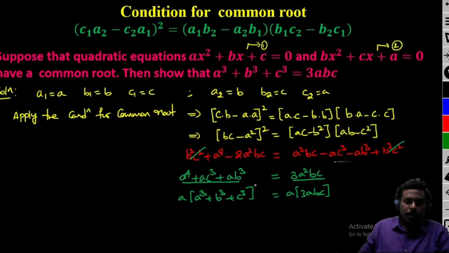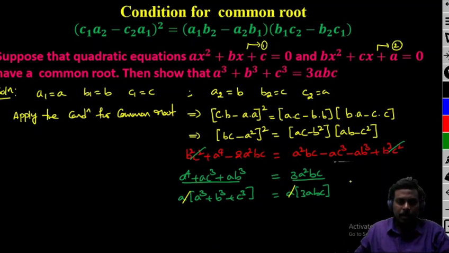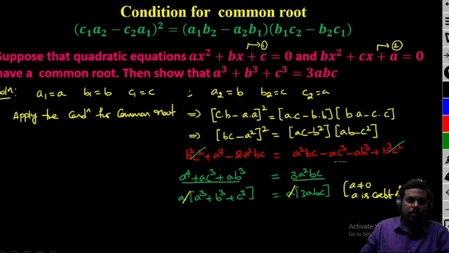Now I can cancel out A here. Why? A is not equal to 0. Why A not equal to 0? Because A is the coefficient of equation 1. Because for this to be a quadratic equation, this must not be equal to 0.